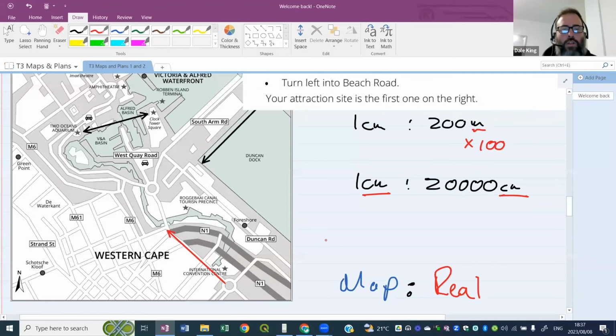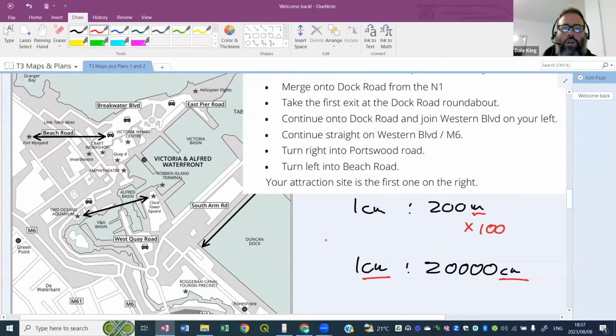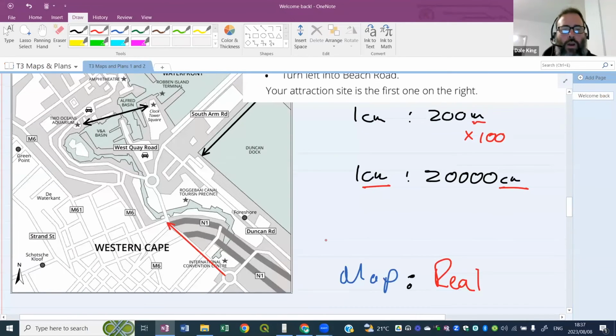Okay, because the instruction says merge onto Dock Road from the N1. Now the N1 is these two gray bars here at the bottom right hand side, and we're merging onto Dock Road from the N1. In fact, I would put it a little bit further up. Okay, so I'll put it here.